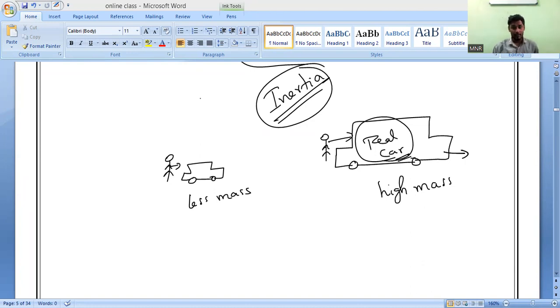So heavy mass means more inertia, less mass means less inertia. That is what you have to understand. So what do we mean by inertia? It is a property of a body due to which it resists a change in its state of rest or of uniform motion.